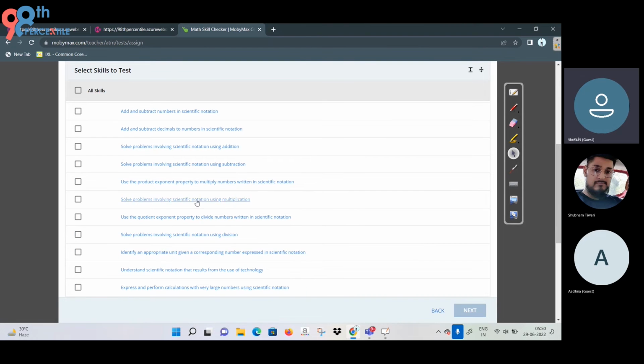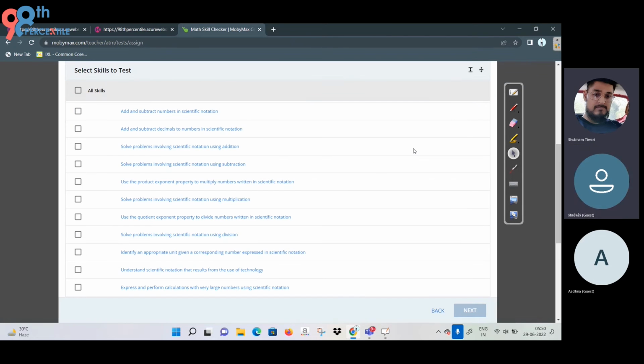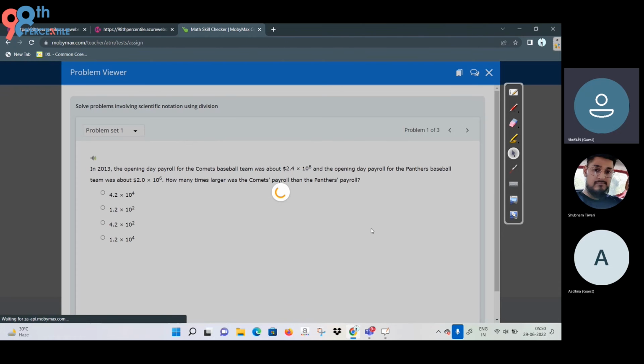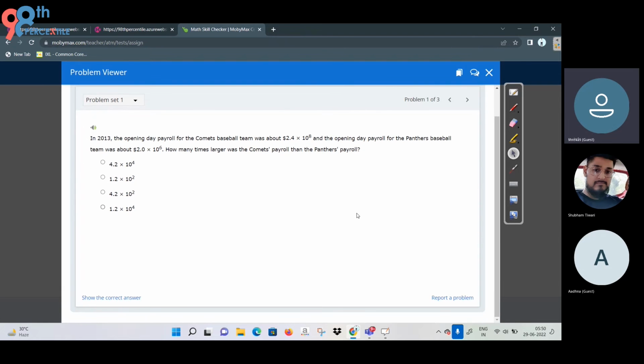Move on to the next type, with the multiplication ones. We have done this. That's what division means. Okay, try this question over here. I got the second one.